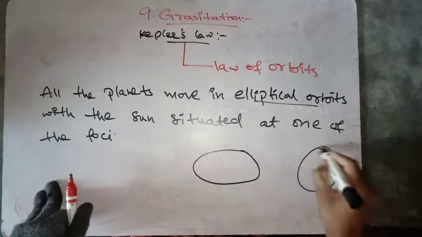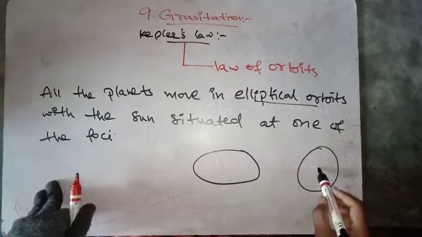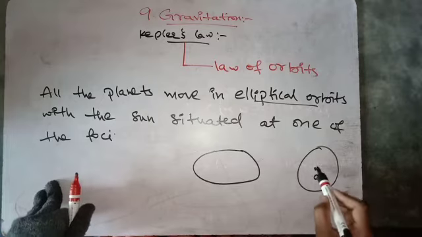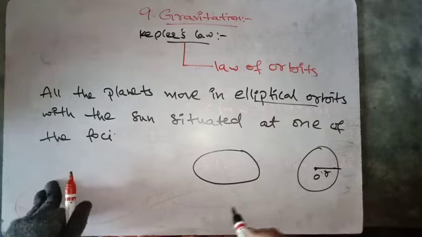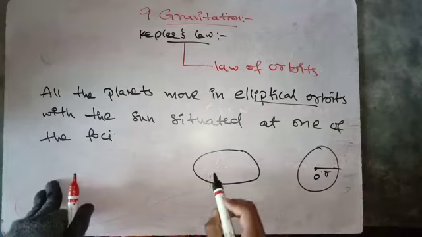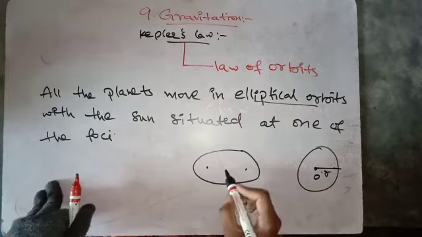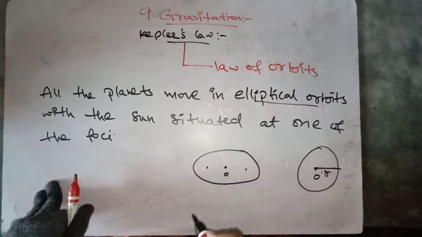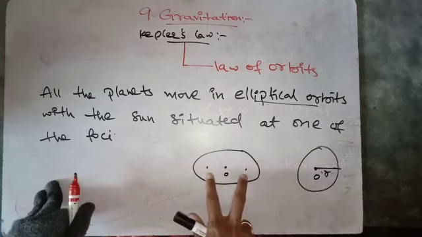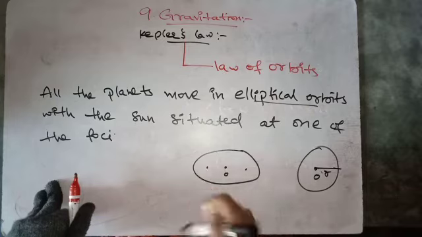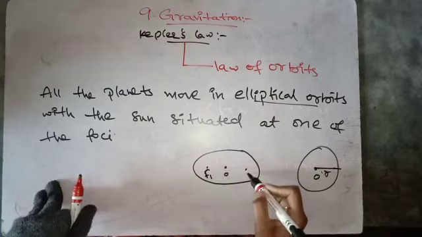This is a circle with the center O, and R is the radius of the circle. But coming to the ellipse, it has the center O, and two foci, F1 and F2.